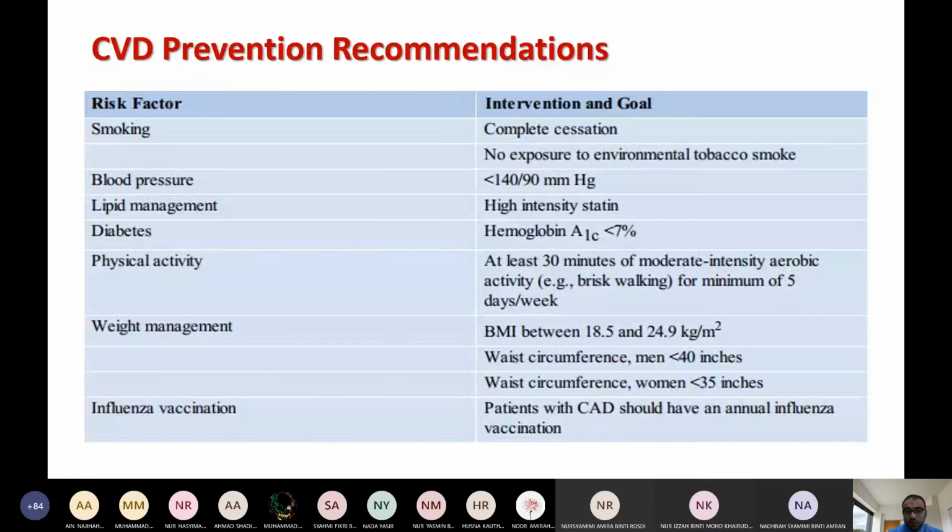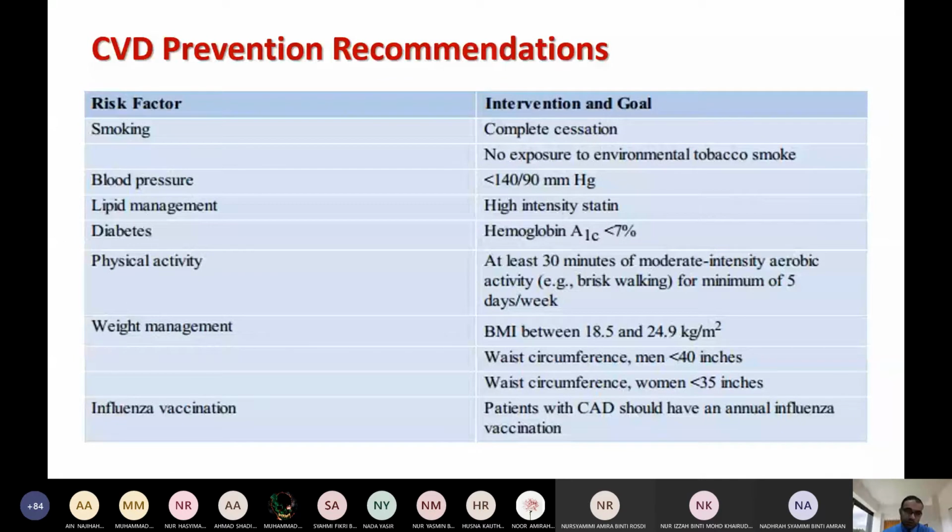Here is a bit of a summary of the cardiovascular prevention recommendations, and what we are aiming for. In terms of each and every point, what we are aiming to decrease and interfere with is the patient's risk for cardiovascular disease.